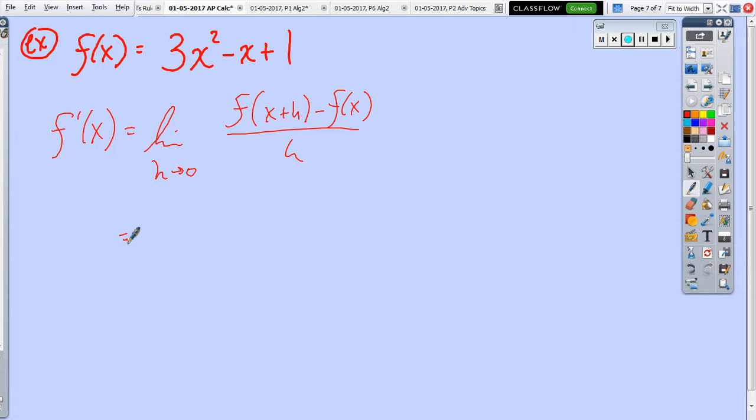Do you want to try it on your own first? Let's do this one together. So f of x plus h: if I plug x plus h into my independent variable, I would have 3(x plus h) squared minus (x plus h) plus 1 all over h.